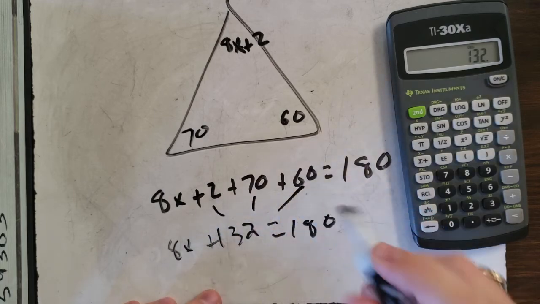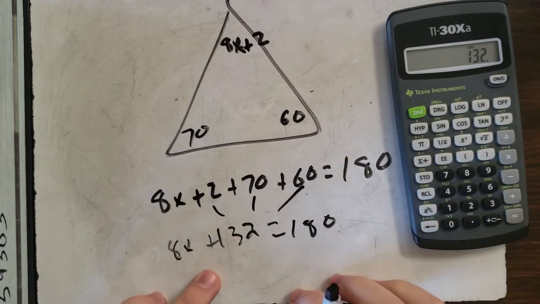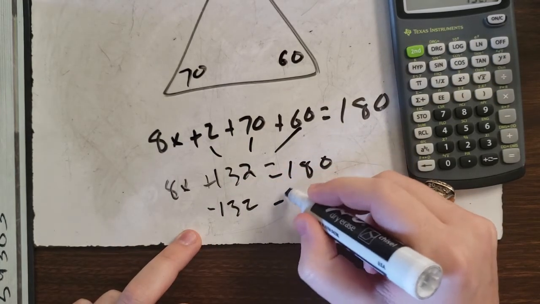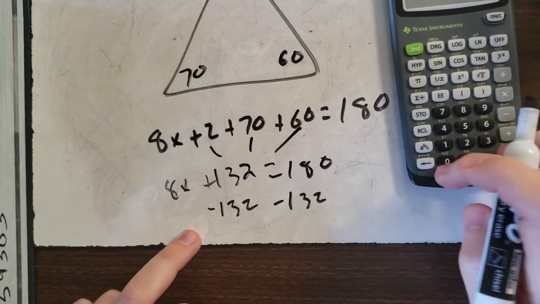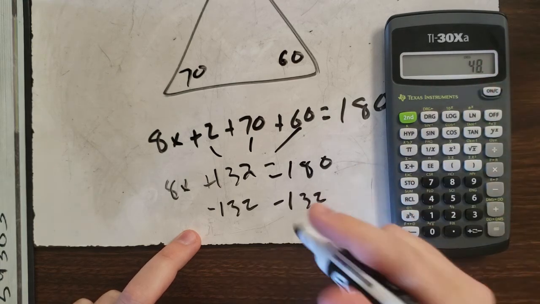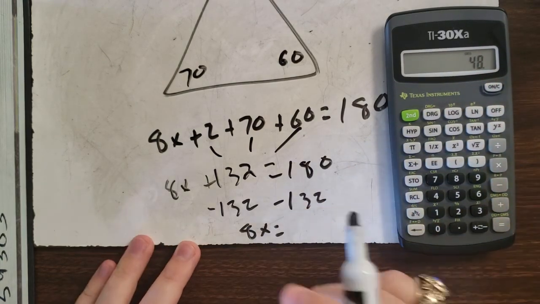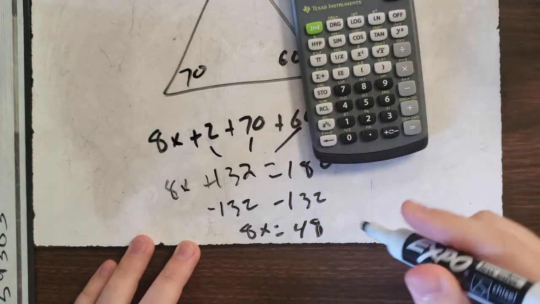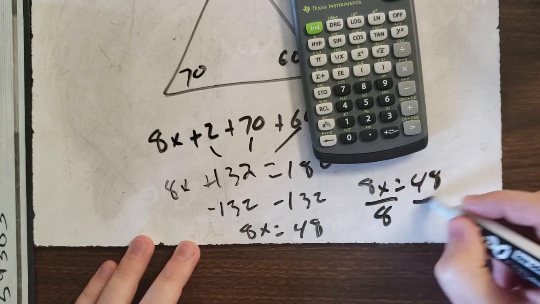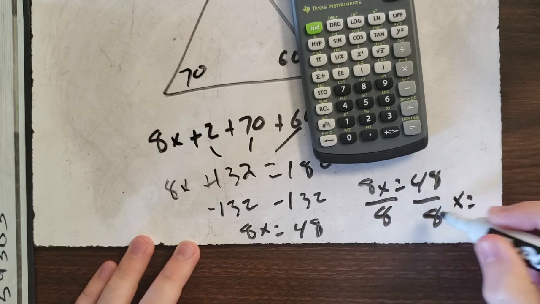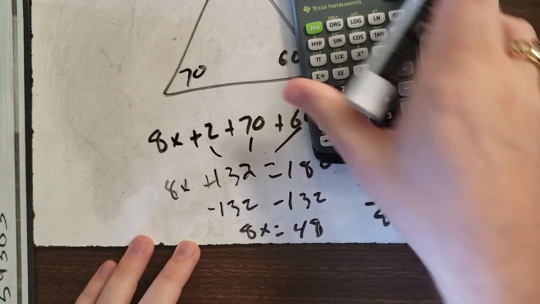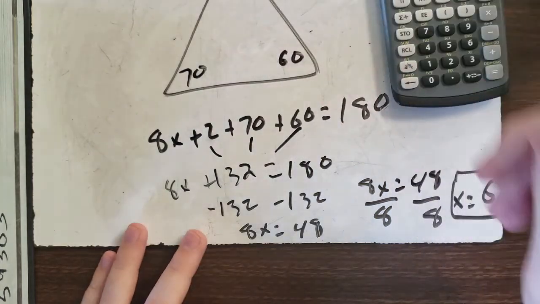Now, two-step equation. 132 is positive, so we subtract it from 180. 180 minus 132, and we get 48. So 8x equals 48. And then the last step, divide by 8, and x equals 48 divided by 8, which is 6. So our x is 6.